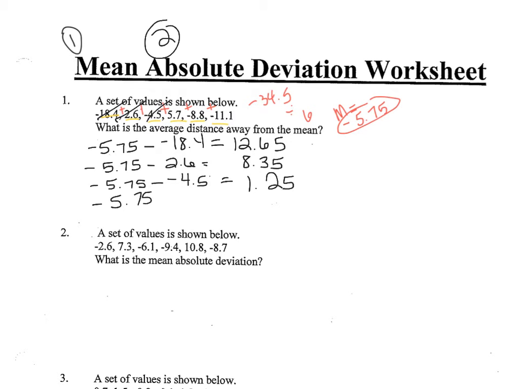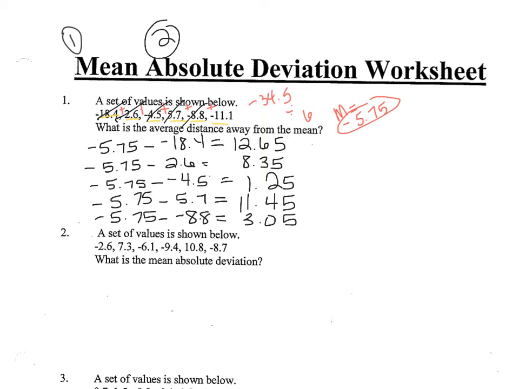Negative 5.75 minus 5.7 gives me negative 11.45, but it's absolute, so I'm just putting 11.45. Moving on to 8.8: negative 5.75 minus negative 8.8, and I get 3.05.